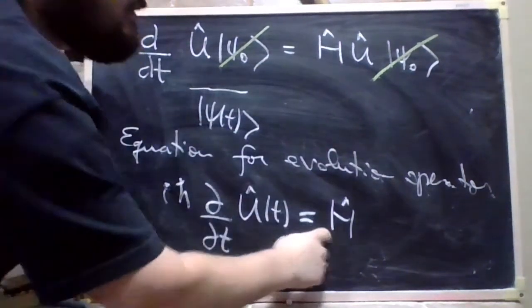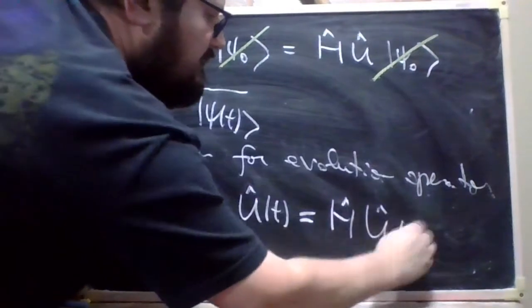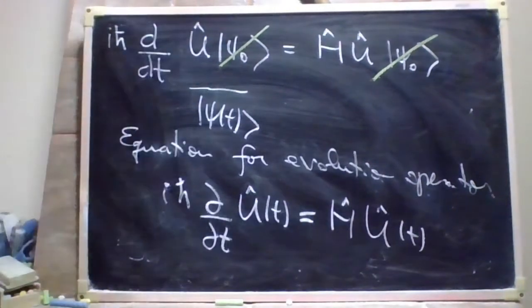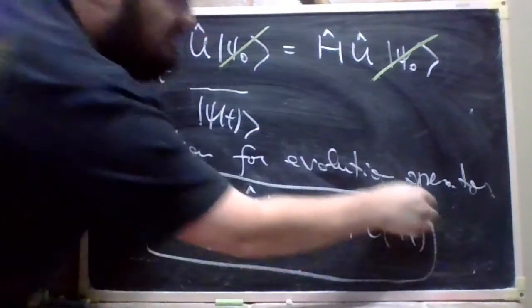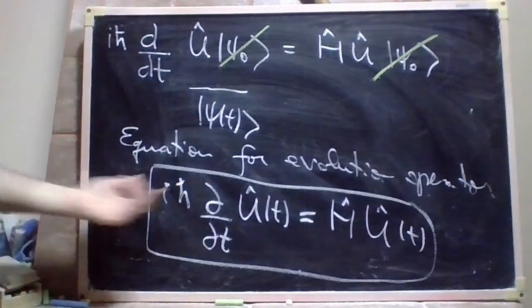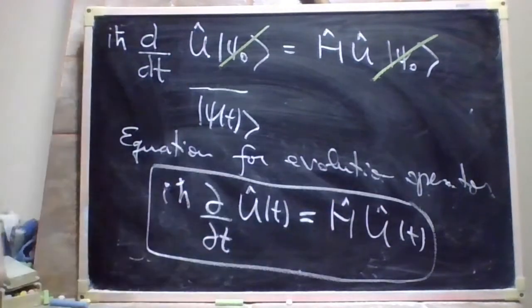So the Hamiltonian is applied to the evolution operator here. So this is the time evolution equation for the evolution operator.